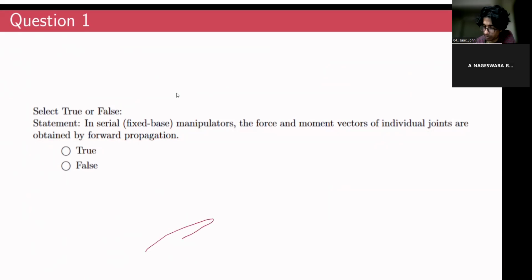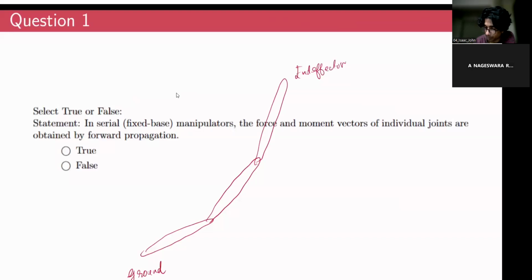If you have a series of rigid bodies, something like this, I think just now we have seen 2 directions of propagation. So, if we consider this side to be the ground side, closer to the ground, and this side to be the end effector side, we start with the zero velocities and accelerations, be it linear or angular components, at the ground.